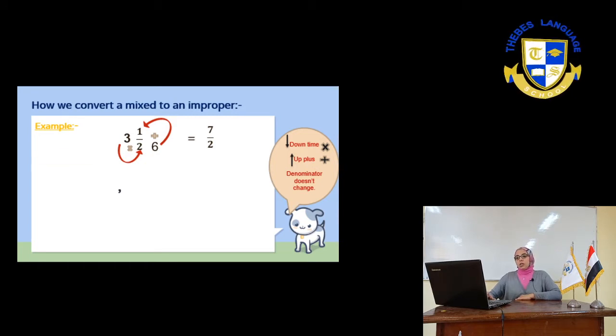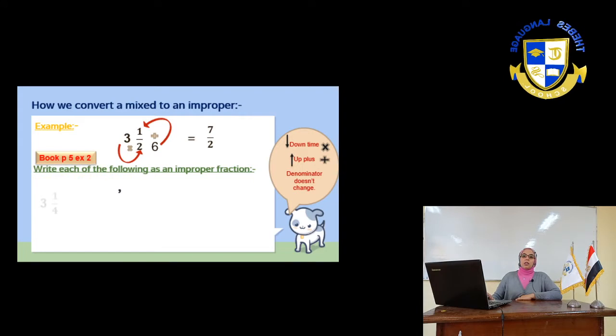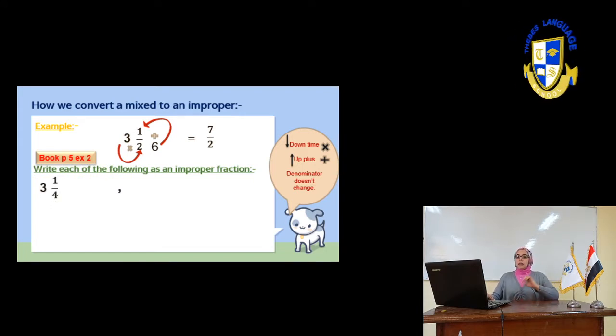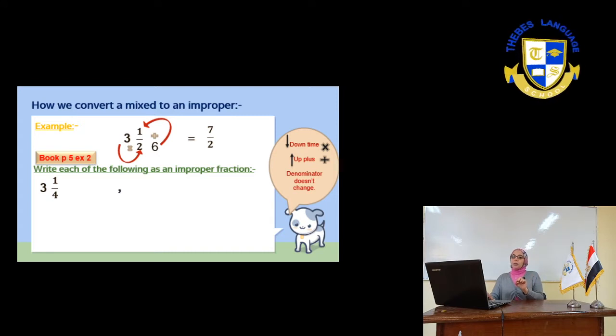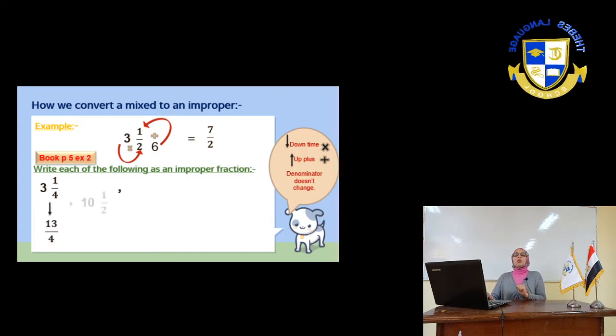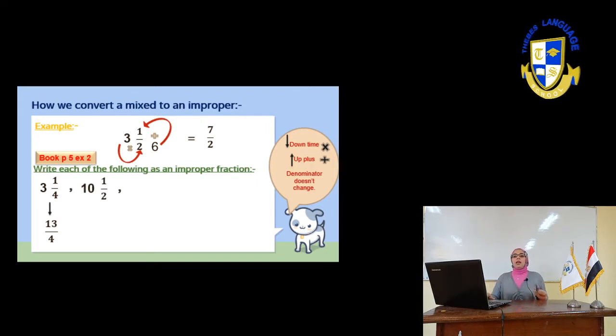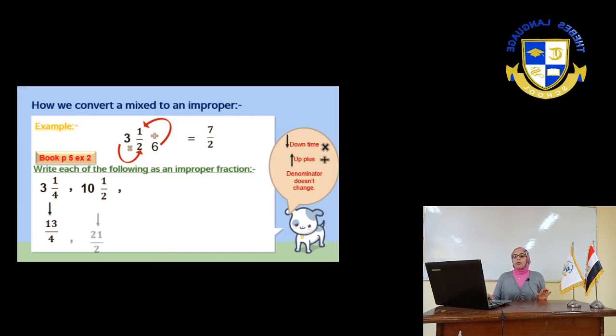Now, we have an exercise. Write each of the following as an improper fraction. 3 and a quarter. How do we do this? Take 3, multiply it by 4. 3 times 4 is 12. 12 plus 1 will be 13. So this mixed number we can write in improper form as 13 over 4.